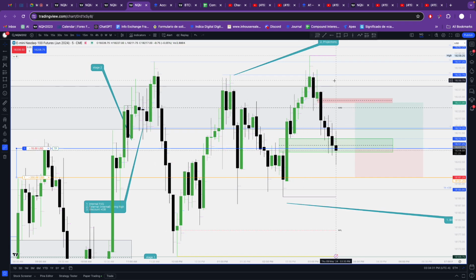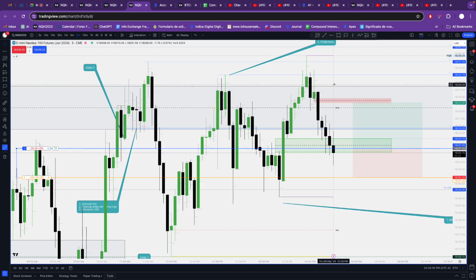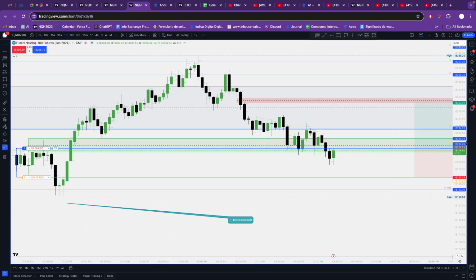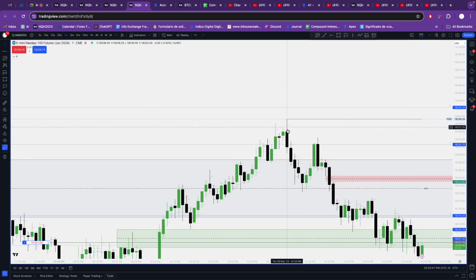So where do you short? Where do you get in for the short here? So you look for a setup, like this retracement back up here.